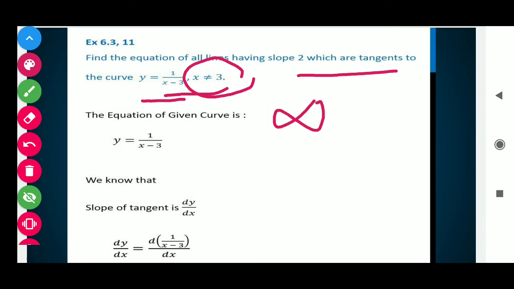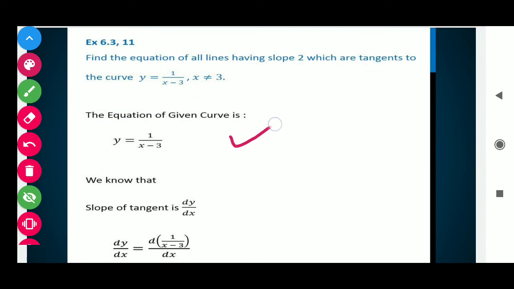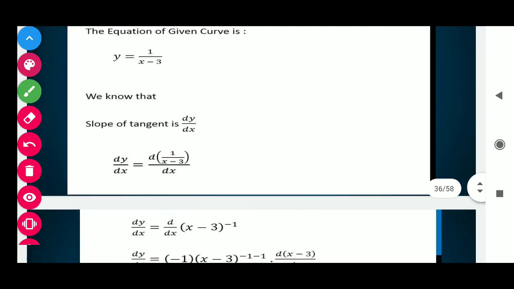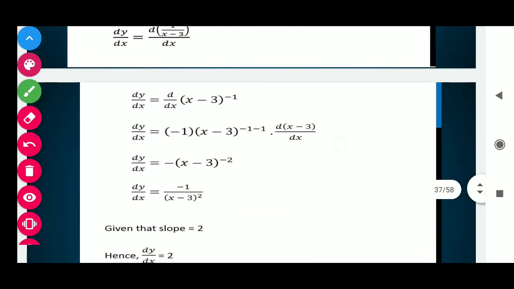Now the equation of the given curve is y equals 1 over (x minus 3). We know that the slope of the tangent is dy over dx. So students, the derivative of 1 over x is minus 1 over x squared. So by using the same formula, minus 1 over (x minus 3) whole squared. You can also write this directly because we have done this derivative many times. The derivative of 1 over x is minus 1 over x squared.